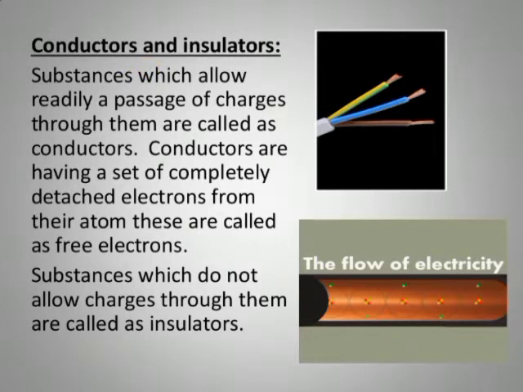So now if I consider a conductor, it says that substances which allow readily a passage of charges. Conductors are metals, for example aluminium, copper, gold, silver, so these are your conductors.